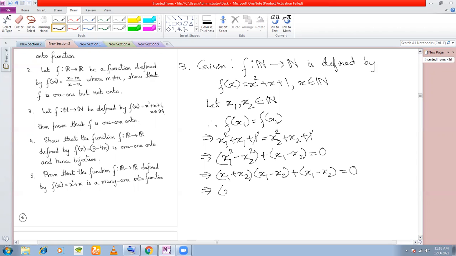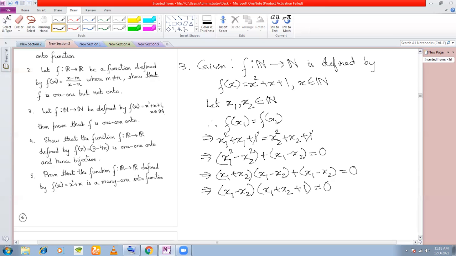Now you can take x1 minus x2 common to get (x1 plus x2 plus 1) is equal to 0. So does it mean that x1 is equal to x2 here?